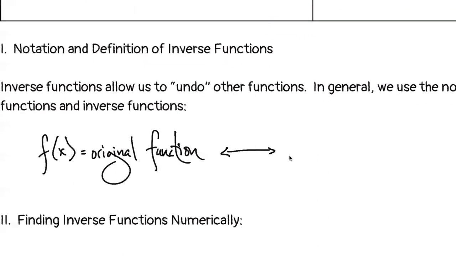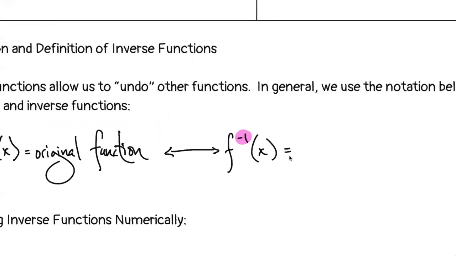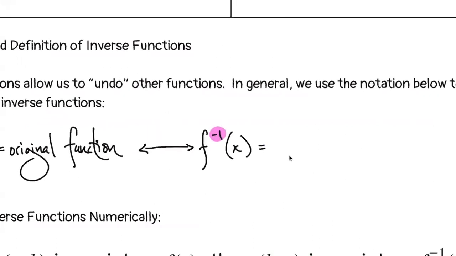However, if we want to say inverse function, we're going to have f with a little superscript of a -1 of x. And when we see that -1, right, so let's go ahead and highlight that. When we see that -1, that's going to tell us we're looking at an inverse function.